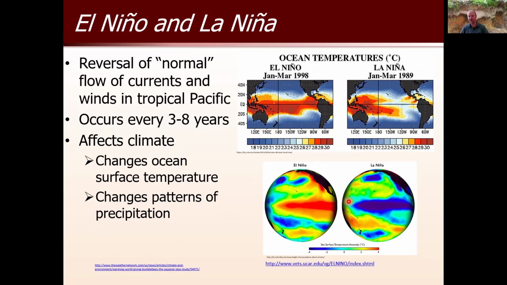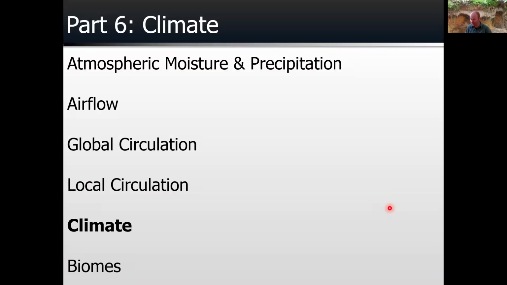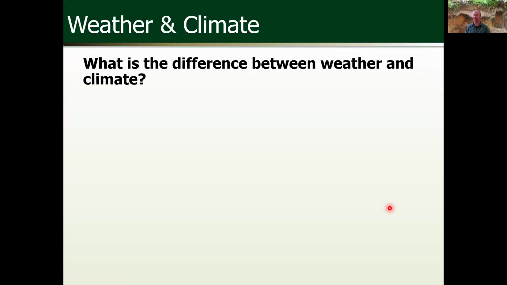And so while this is a measurable property of the ocean, it has influence on weather and ultimately climate the world over. So moving into climate now, what is the difference between weather and climate?